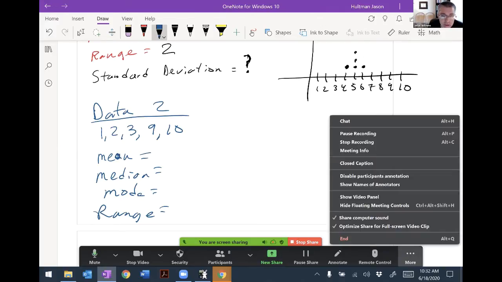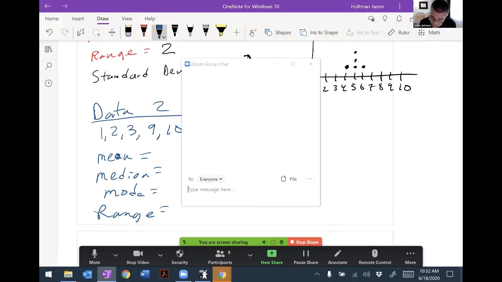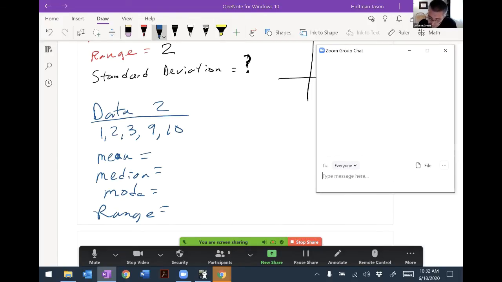I'll give you a couple minutes to calculate all of this out. So 1, 2, 3, 9, and 10. Mean, median, mode, and range.